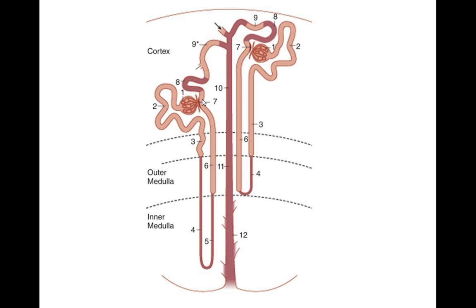Macula means spot and densa means consolidated. So the macula densa is the distal part of the thick ascending limb of the loop of Henle. It has important physiological roles, which we will talk about later.